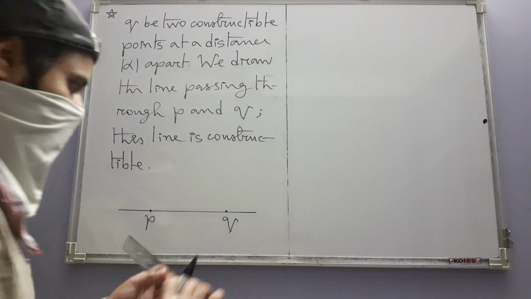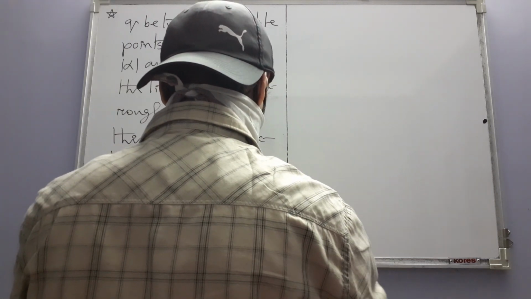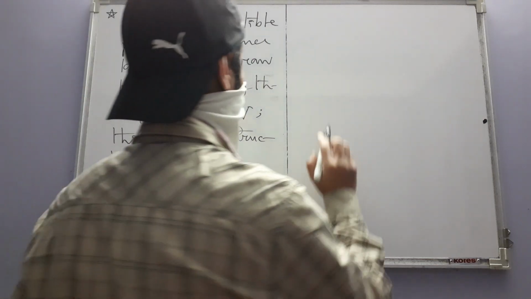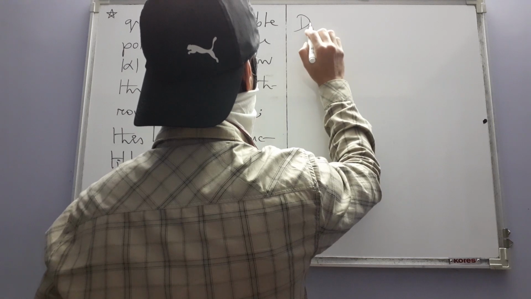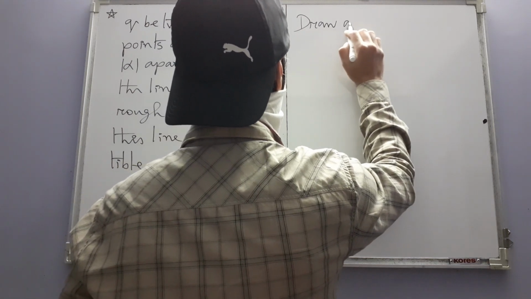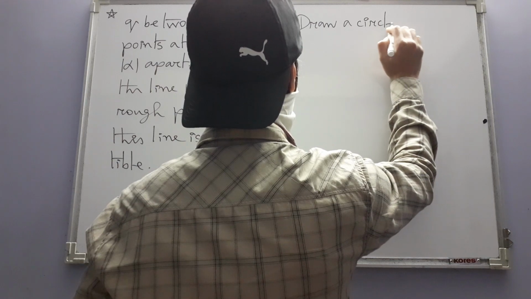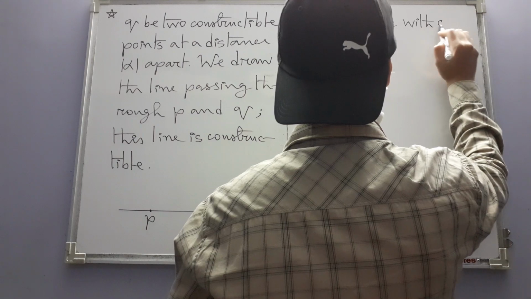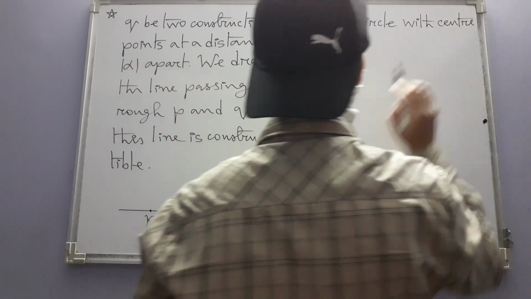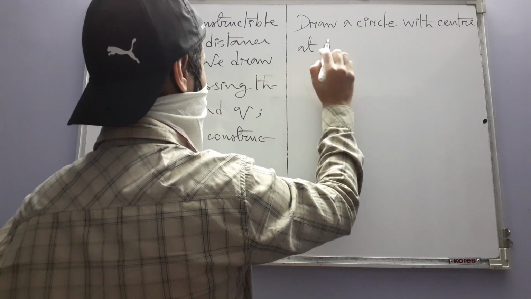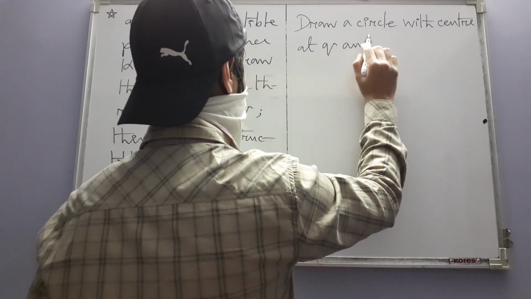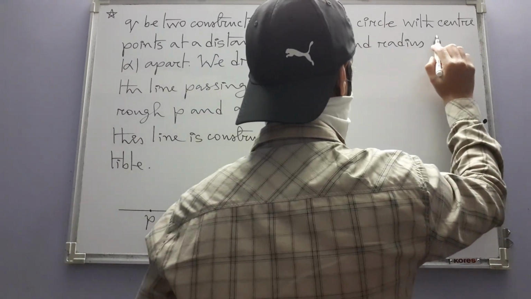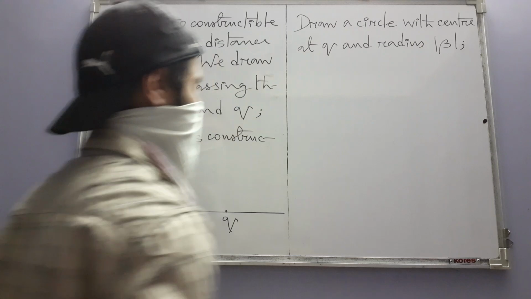Let me extend this a little more on that side. Now, draw a circle with center at Q and radius this.